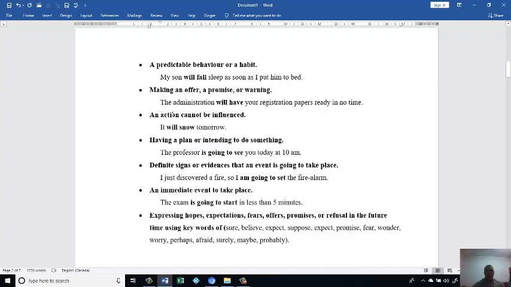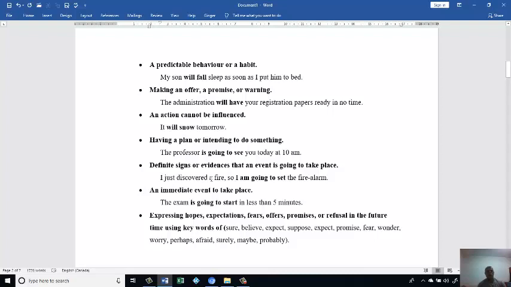An action that cannot be influenced. It will snow tomorrow. Or it could be having a plan or intending to do something. The professor is going to see you today at 10 a.m. Definite signs or evidence that an event is going to take place.